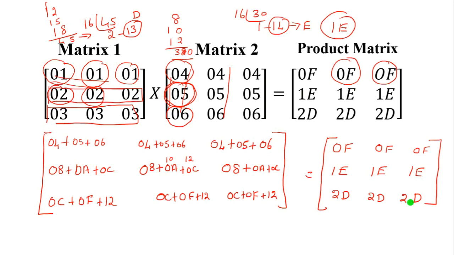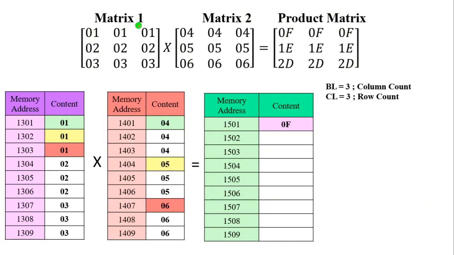Now I am going to explain how we are going to write a program for the 8086 microprocessor. First, matrix 1 can be loaded at this memory address. This memory address is held in SI, the source index.